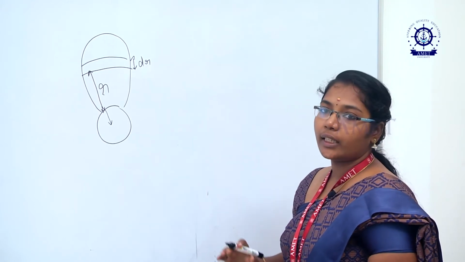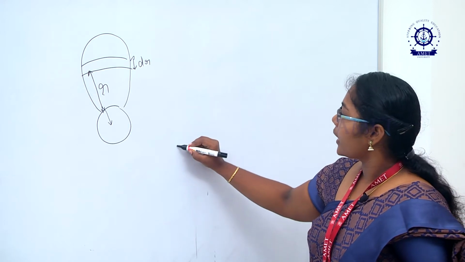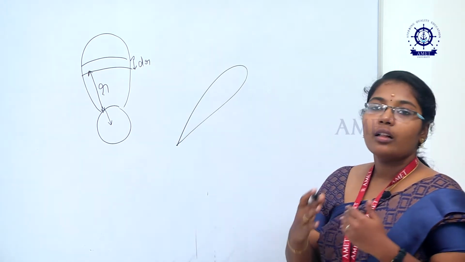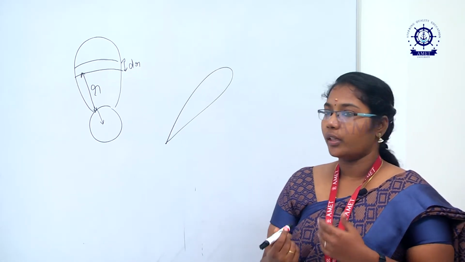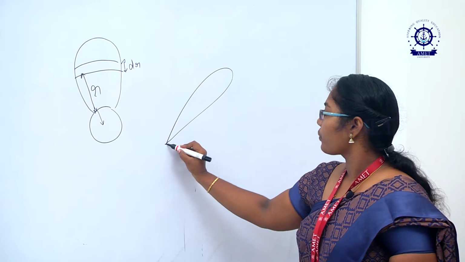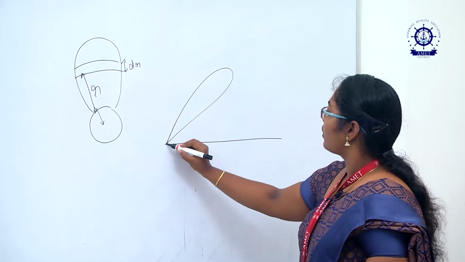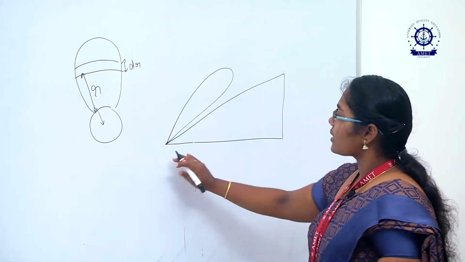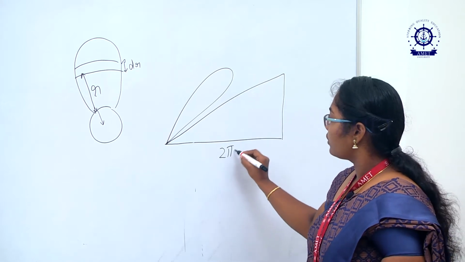Since I told you we are taking the element of the propeller blade, I will be taking the foil section, and the tangential velocity is in this way and the axial means in a longitudinal direction. So, this is your tangential velocity, 2 pi n r.